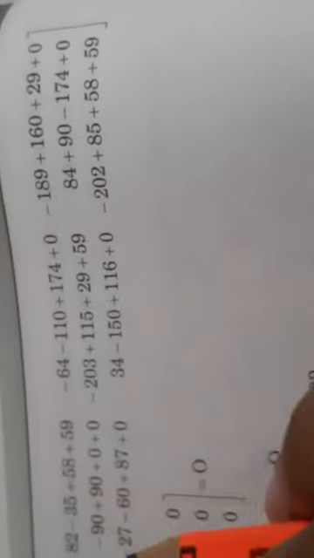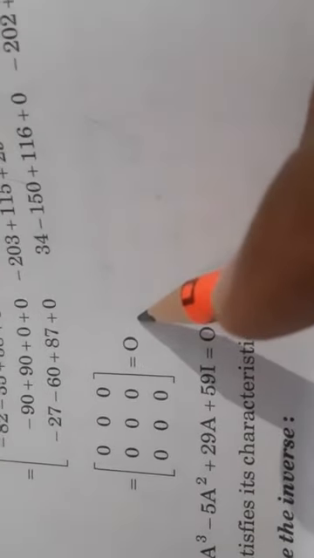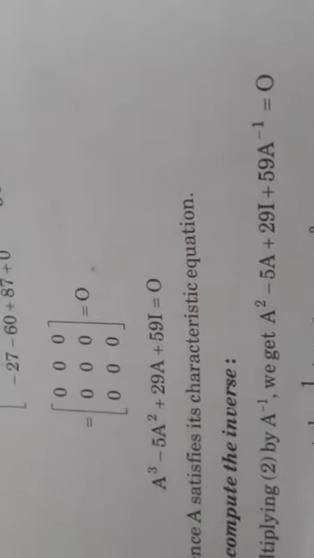In this way, after calculating that, we get a zero matrix. Hence, the Cayley-Hamilton theorem is verified. Now to find the inverse.